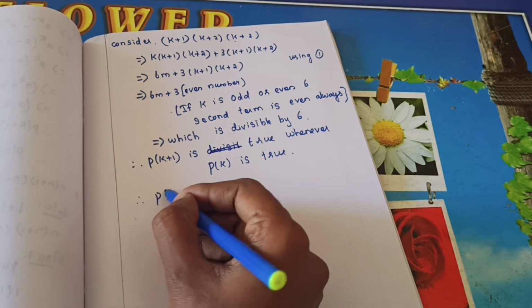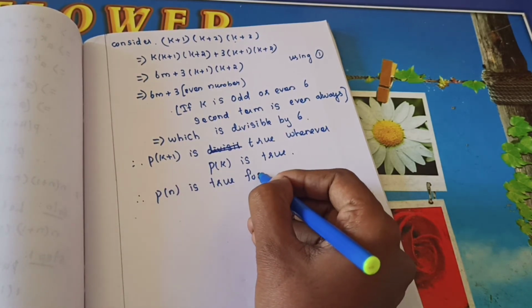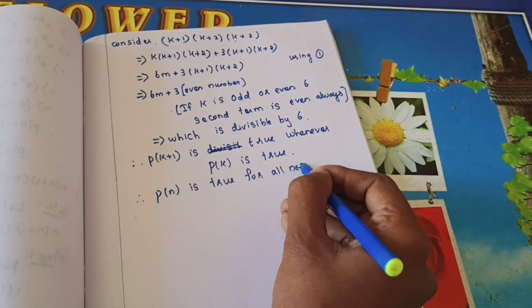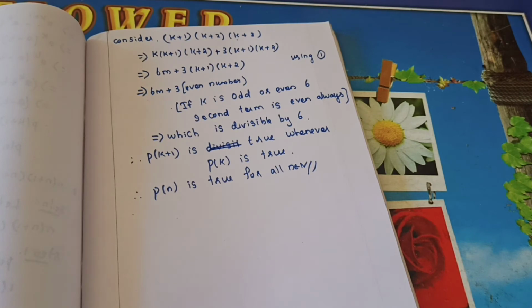Therefore, we will say P of n is true for all n belongs to N. Understand, students? Here only you will get some confusion. So understand it and learn.